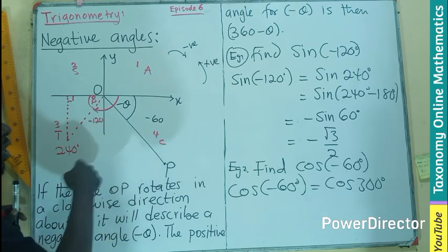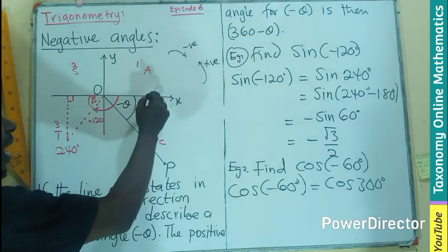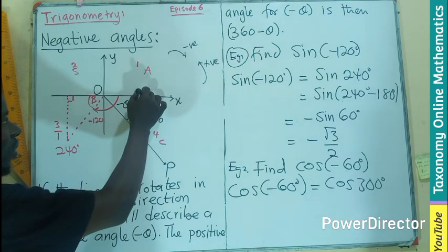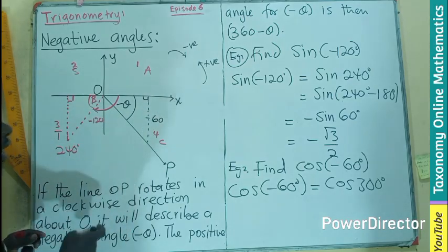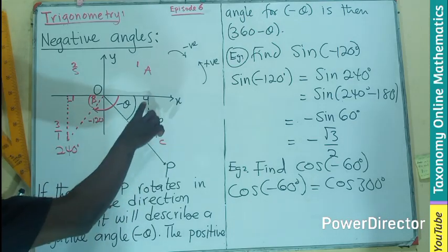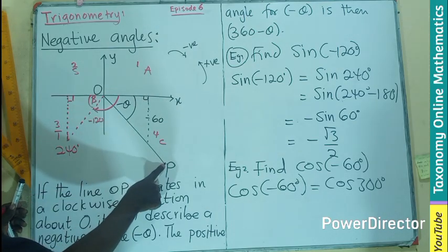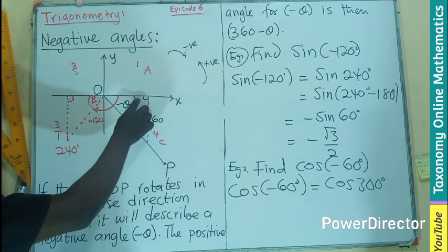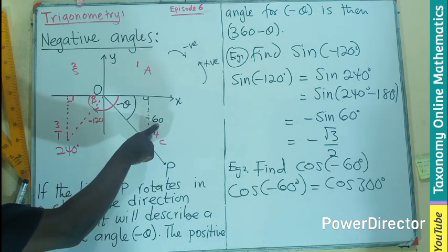So what I need to do is to find the reference angle. What will be the reference angle? This is where the point is, the movement from all the way to this place. The reference angle will still be 60.